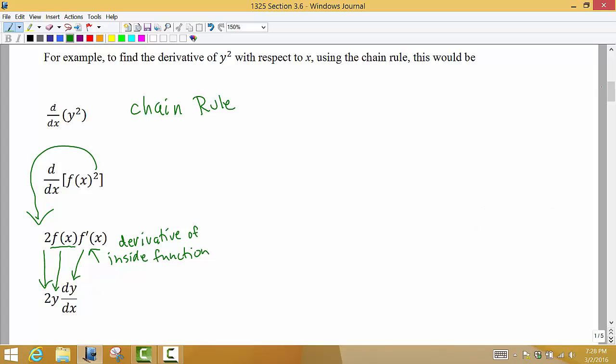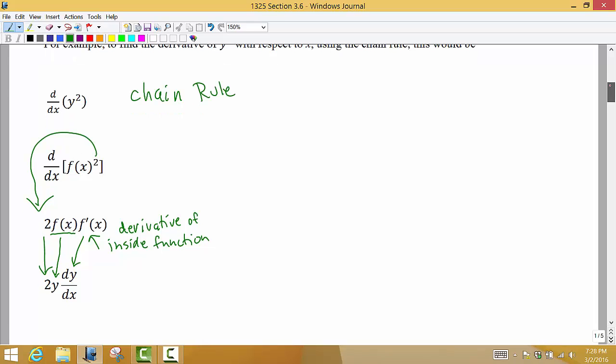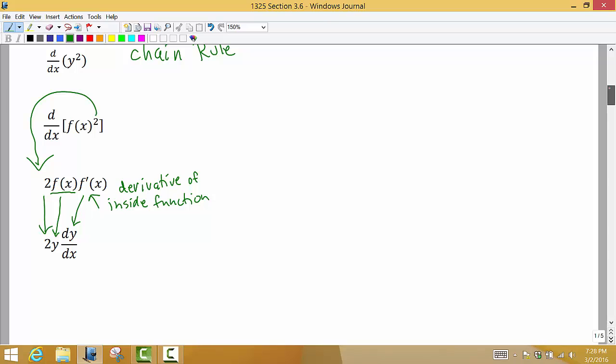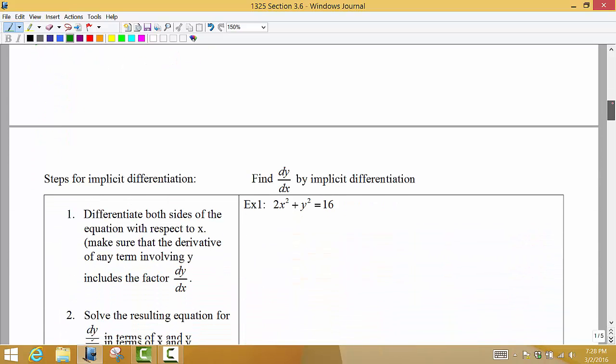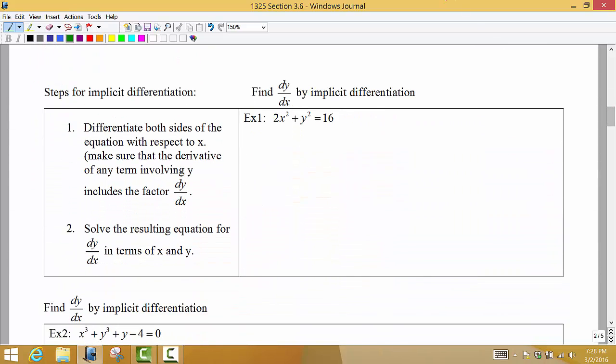So those two notations say that if we had known what y was, we would have done the entire chain rule, but since we don't know what y is, we have to notate what we would have done if we did know. Basically, implicit differentiation is all about the chain rule.